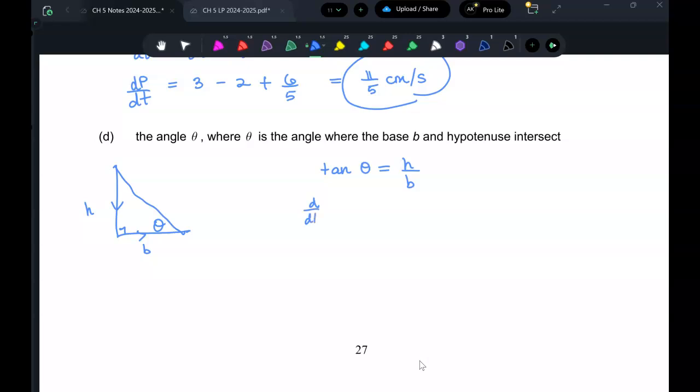Okay, so d/dt. Tangent derivative is going to be secant squared theta d theta/dt. And we're going to do a quotient rule. Don't worry, because remember, it's going to look really messy at first, but we have everything to plug in.